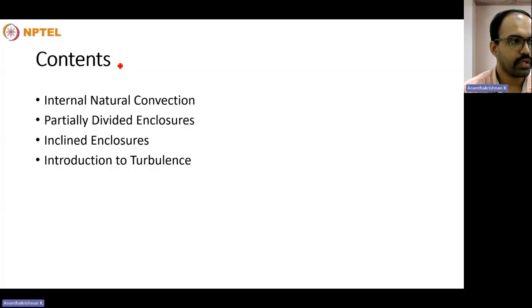Then we will move to the turbulence section where we will see one or two numerical questions based on the starting of turbulence scaling analysis principle.